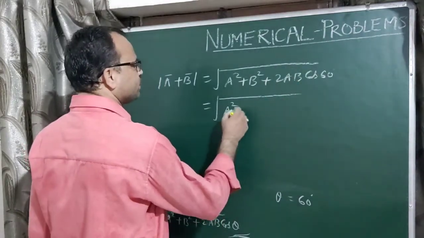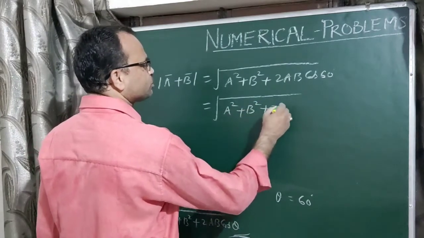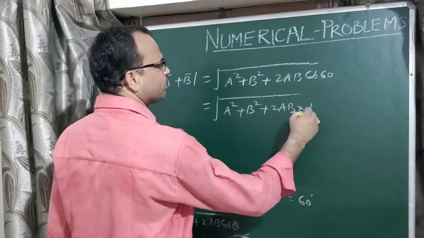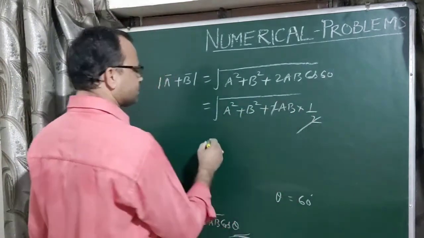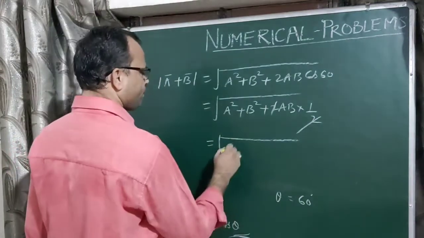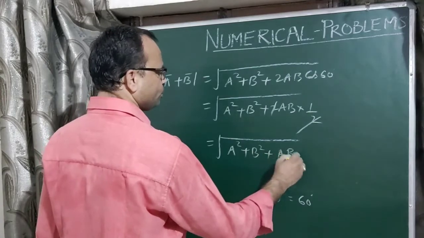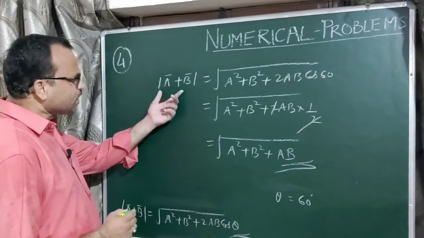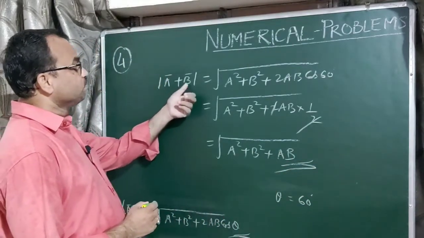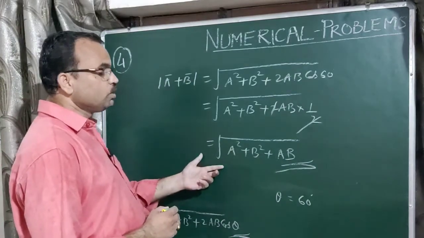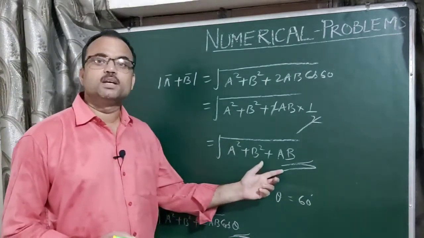So A square plus B square plus twice AB into 1 by 2. The 2s cancel, giving under root A square plus B square plus AB. So this is the final value of mod A vector plus B vector.